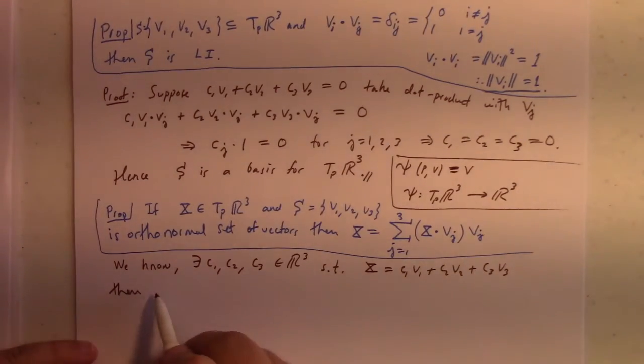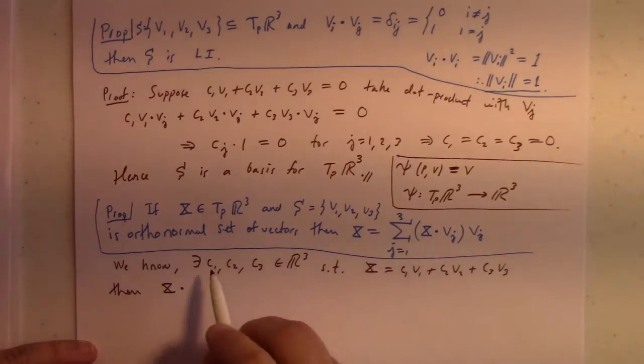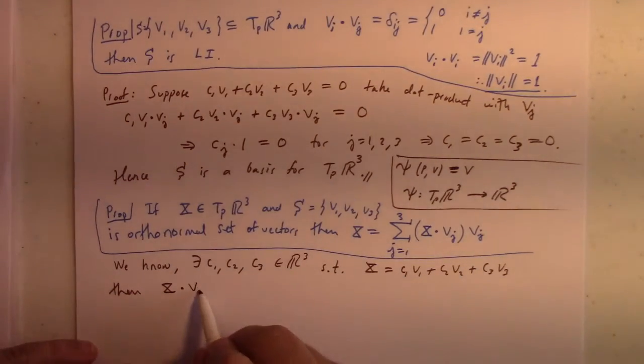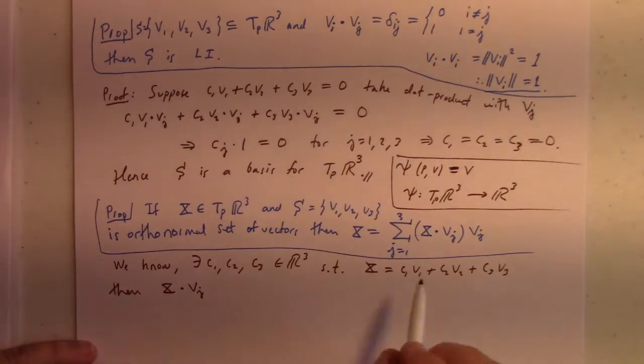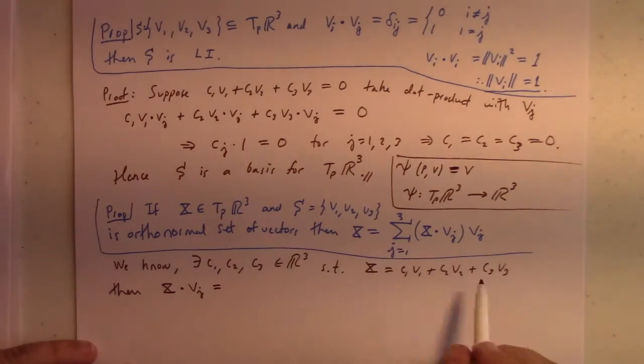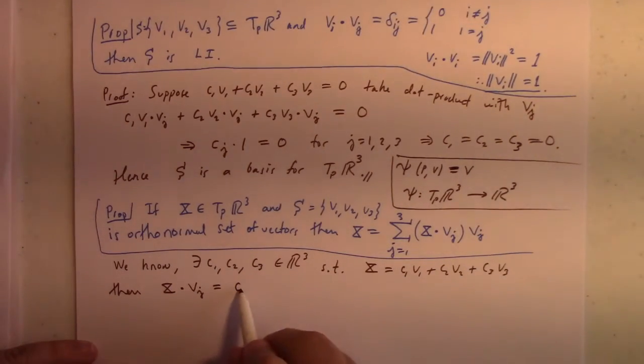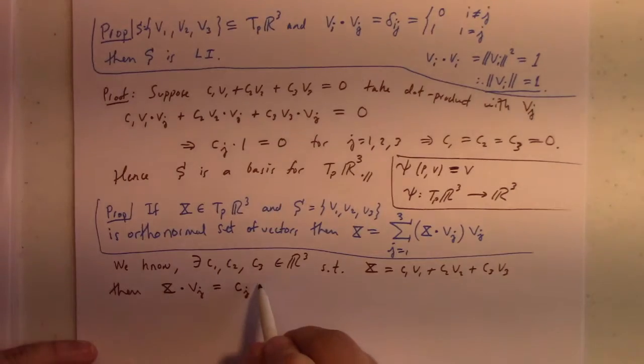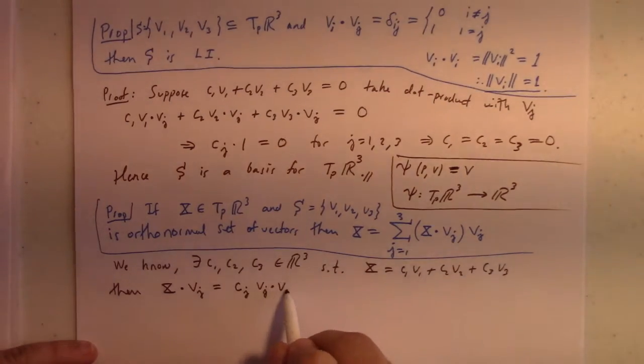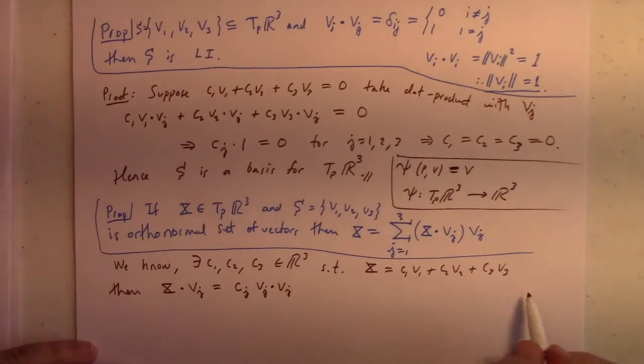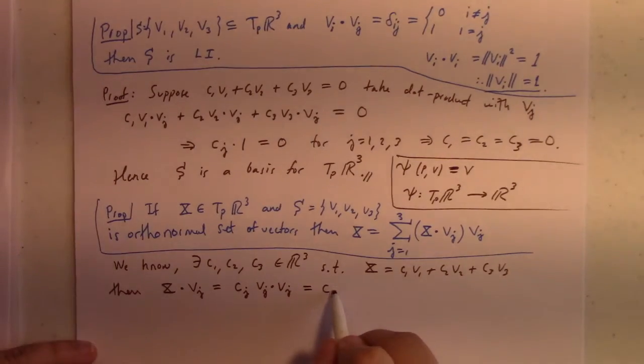Then if you take X and take the dot product of it with V sub j, by essentially the same argument we just went through for linear independence, we get Cj, Vj dot Vj. That's the only one that survives, the jth one, and that just gives us Cj.